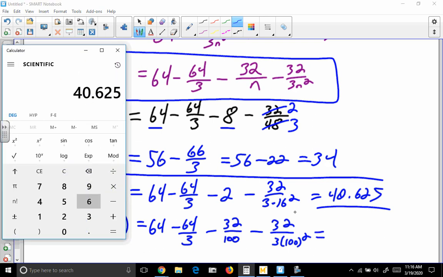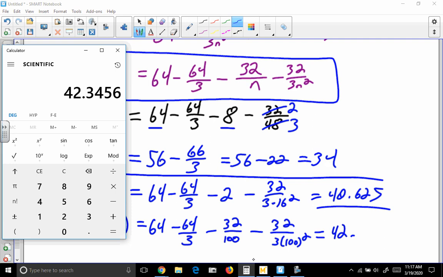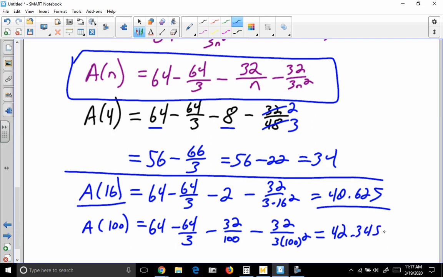So let's do that. 64 minus 64 thirds minus 32 over 100 minus 32 over 3 times 100 squared. And we get about 42.3456. So that's the area if we were to break it up into 100 rectangles.